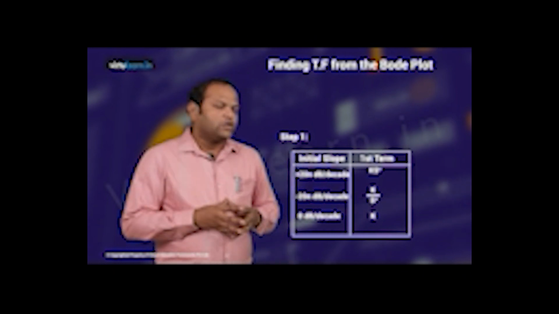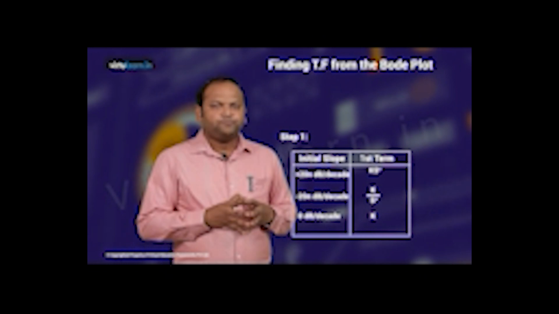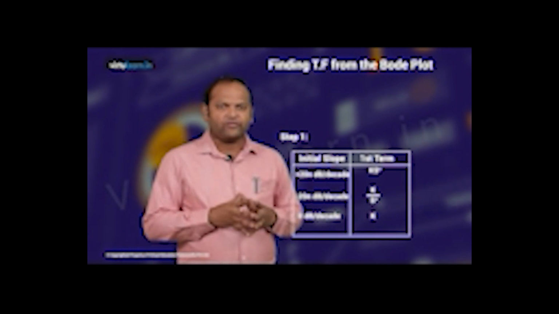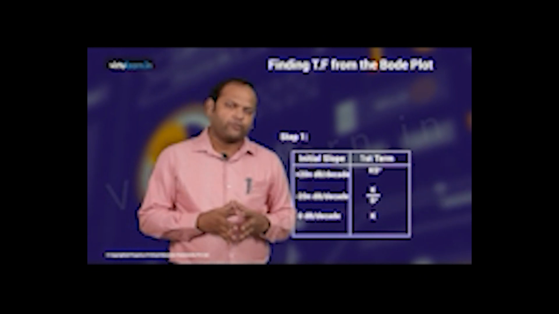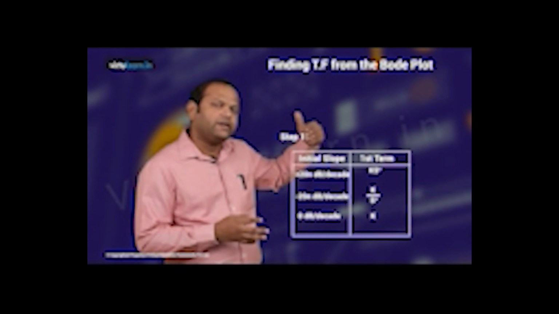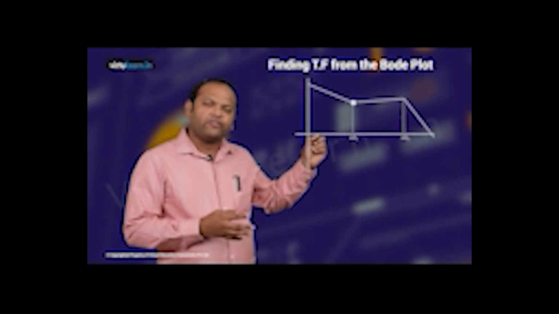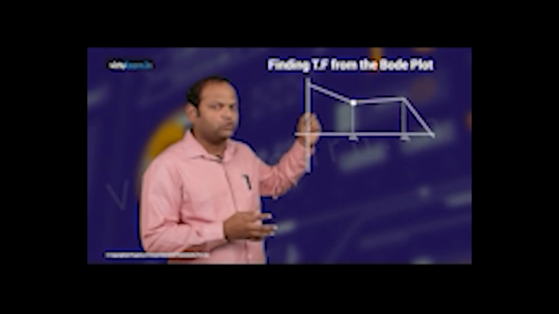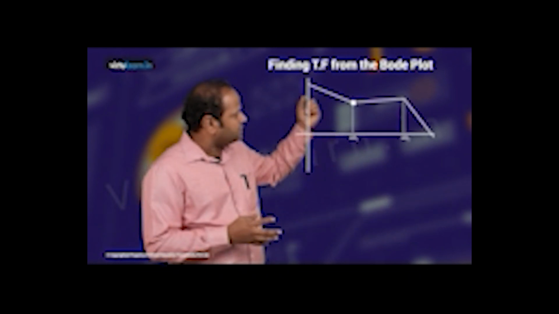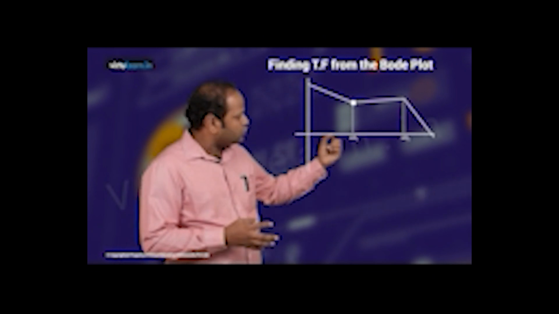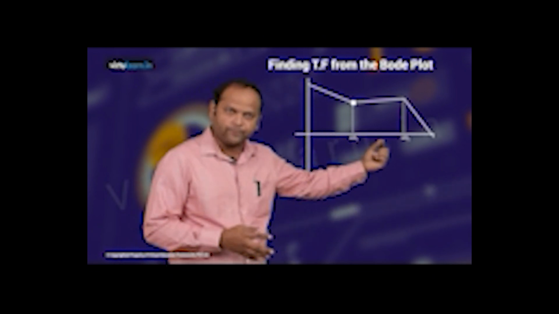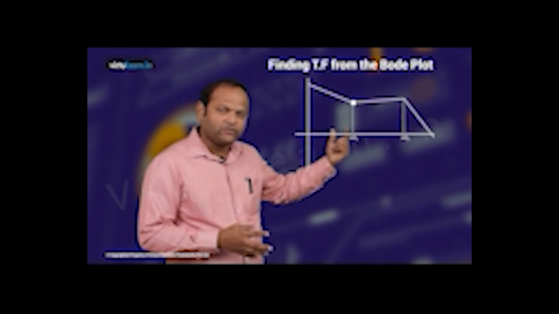So in the second step, step 2, we know the corner frequencies already. At each and every corner frequency, what is the next slope, what is the previous slope. At a corner frequency, we have 2 magnitude plots, meaning we have 2 slopes. One slope which is coming, the other slope which is going. After the corner frequency, what slope do we have?